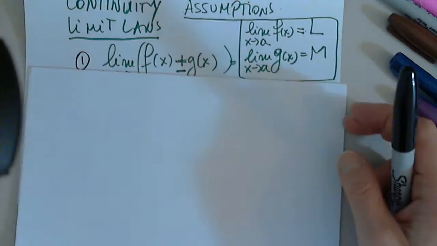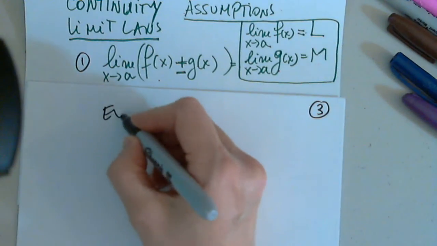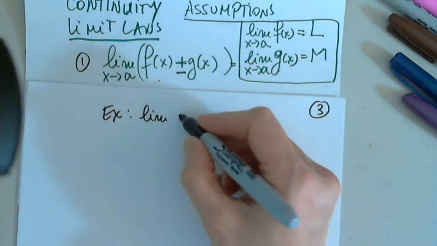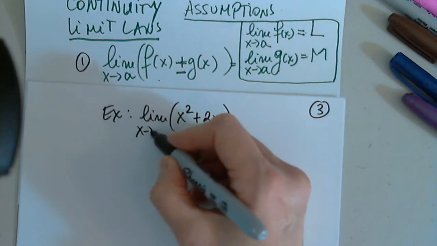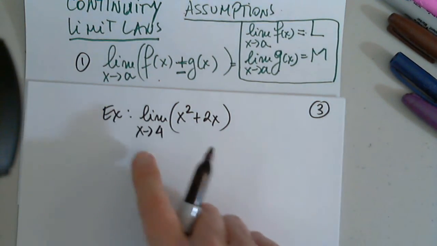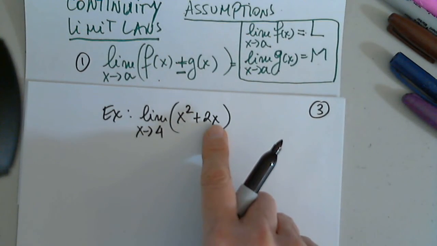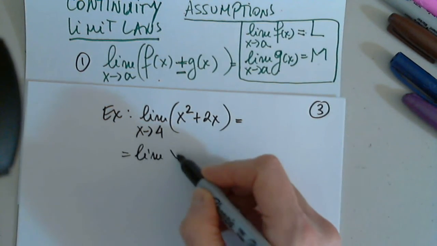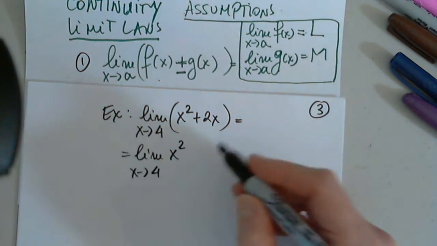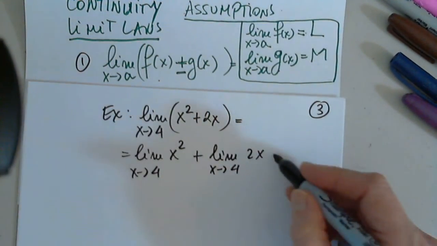Perfect. So here's an example. If I have the limit of x squared plus 2x as x approaches 4, because the limit of x squared exists and the limit of 2x exists when x approaches 4, I can write the limit of x squared as x approaches 4 plus the limit of 2x as x approaches 4.